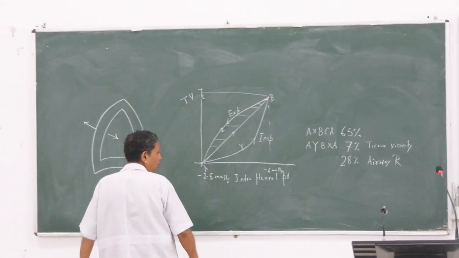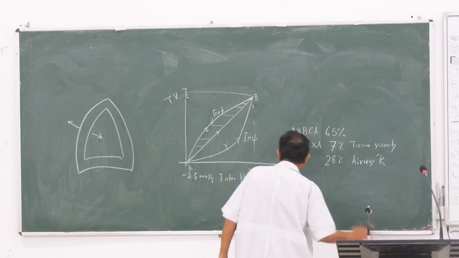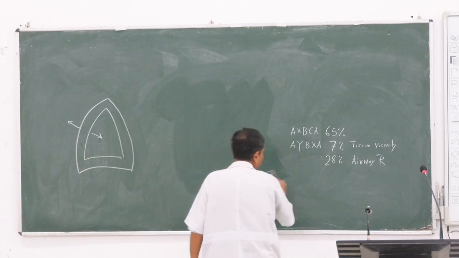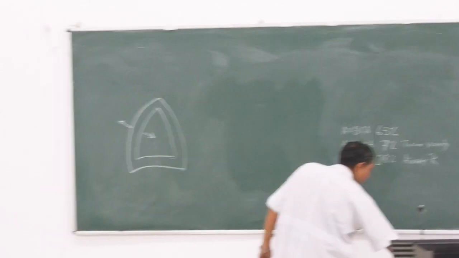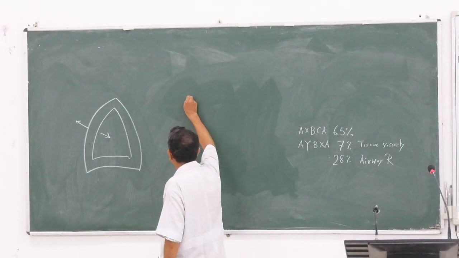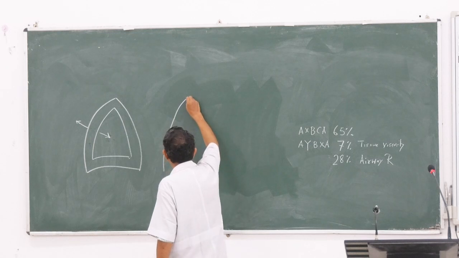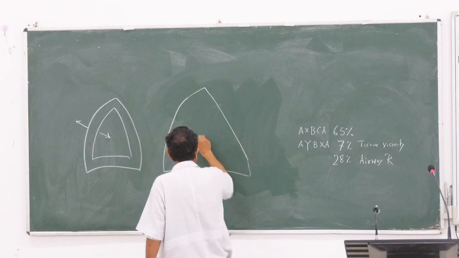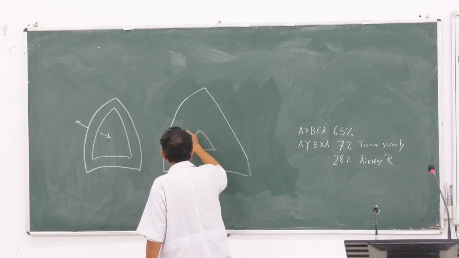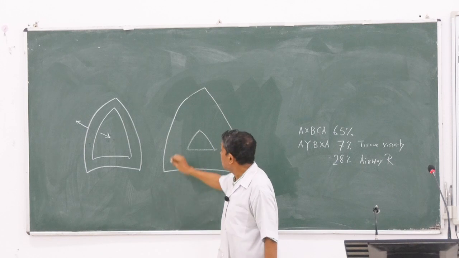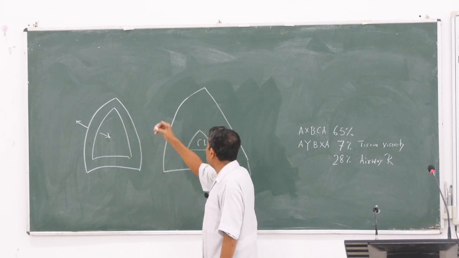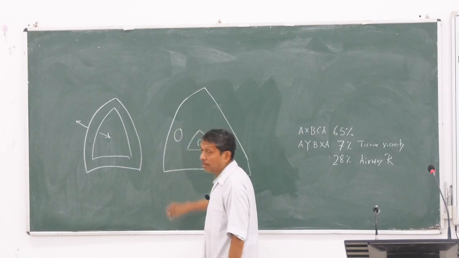When air enters into the pleural cavity, this lung collapses and the chest wall will spring up. It is the collapsed lung, and it becomes zero pressure.